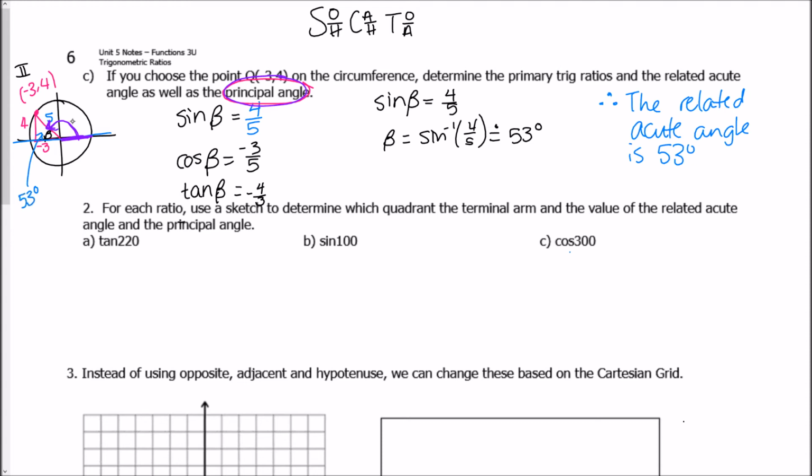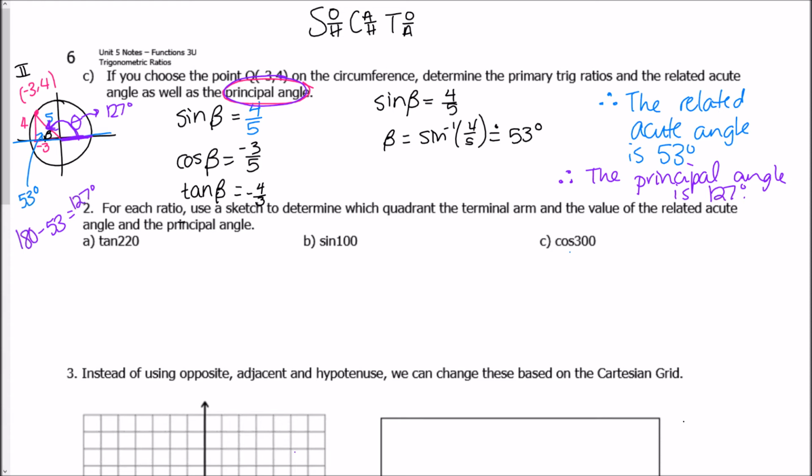So this is our principal angle right here. Therefore, the principal angle is, if it's 180 to get to the other side of our x-axis, then it would just be 180 minus 53, which gives me 127 degrees. So this whole angle right here is 127 degrees. Okay, and if you have any questions, let me know and I'll help you out.